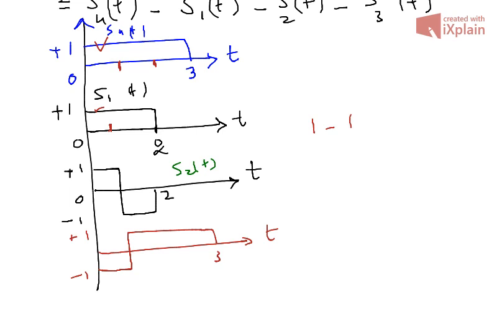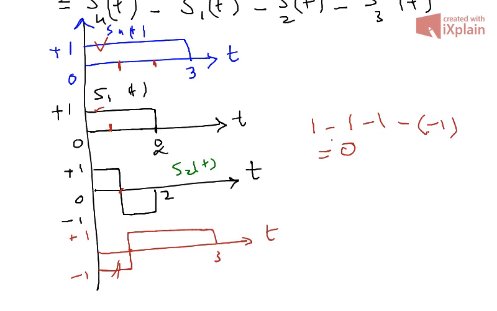So minus 1. And this is minus 1, so minus the last one, negative value. So if you observe 1, minus 1, minus 1, plus 1, you would get 0. From 0 to 1, the signal is 0, right?